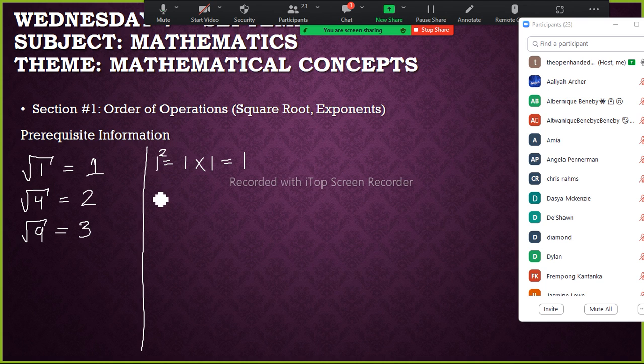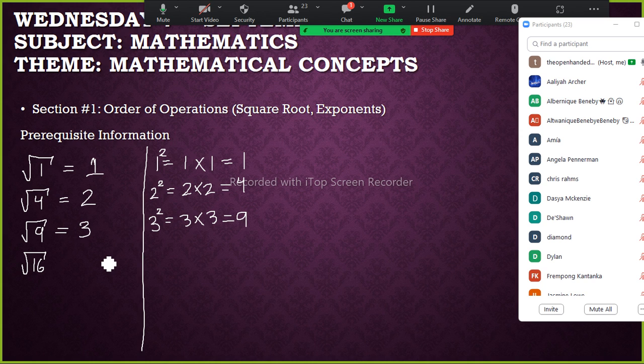Then we have 2 squared, which is equal to 2 times 2, and that's equal to 4. Then we have 3 squared, which is equal to 3 times 3, which is, what is 3 times 3, Diamond? 9. 9, very good.